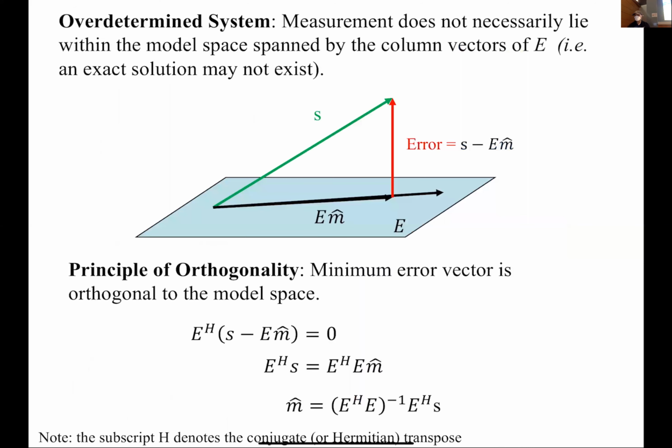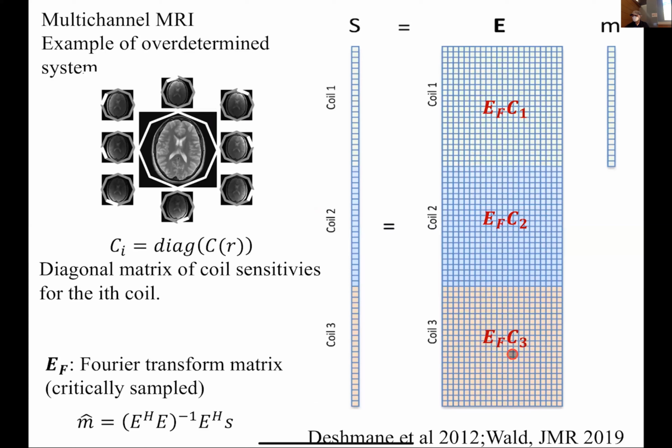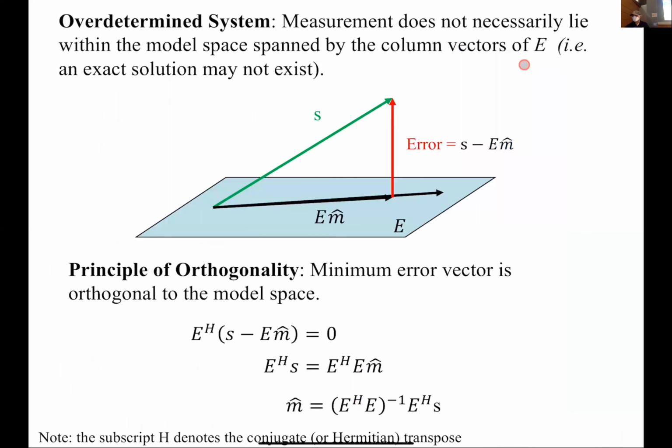So that's an overdetermined system, where what you measure is out here, and E m hat lies in a smaller space, because the number of columns here is less than the number of rows. The space spanned by these columns is some lower dimensional space, whereas S can be in a higher dimensional space.